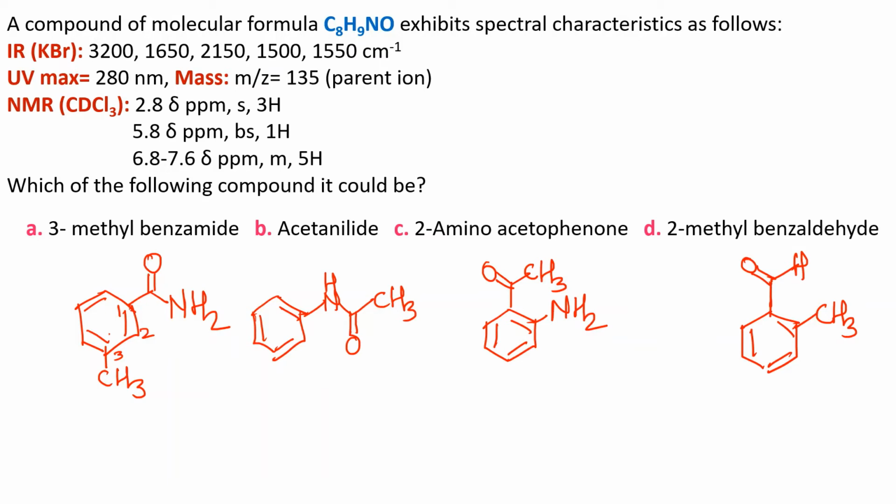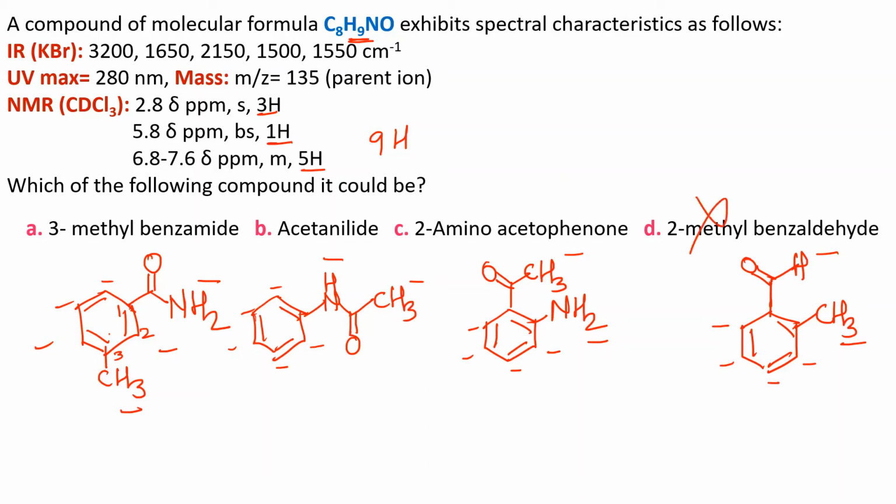Now if you see here, the data says 3, 1, 4 and 5, 9 hydrogens. So almost 9 hydrogens here. 1, 2, 3, 4, 5, 6, 7, 8, 9 here. 9 here also. 9 here also. 1, 2, 3, 4, 5, 6, 7, 8, 8 hydrogens here.